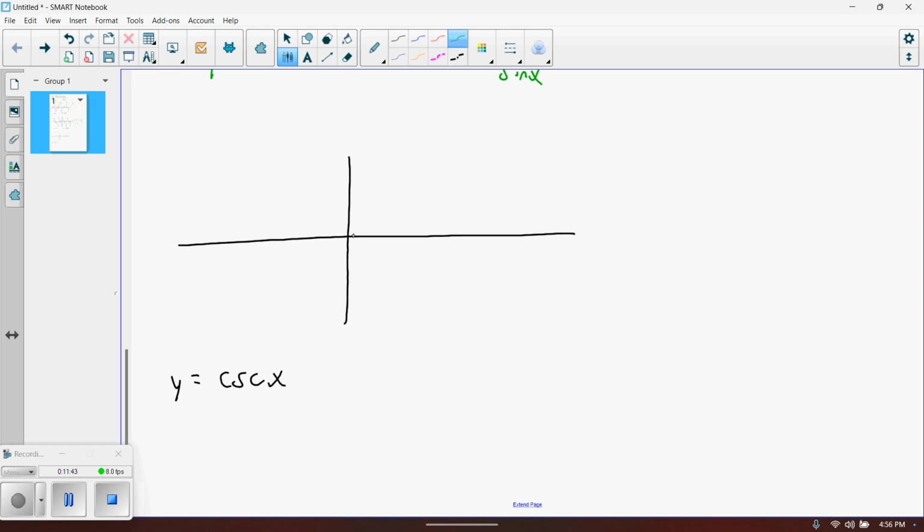So I'm going to sketch, and I dot it because it's not really the graph that I'm looking for, I'm going to sketch the graph of sine. Well, remember that cosecant is the same thing as 1 over sine of x.